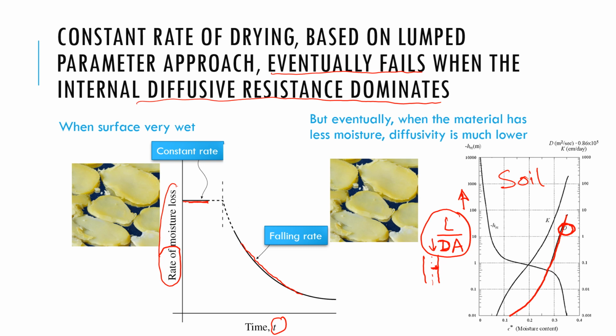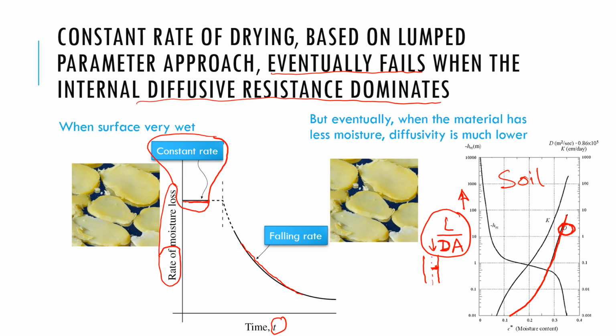And so then at that point the rate would be falling because moisture has to go out from the middle to the surface. So that's a limitation of this lumped parameter: this constant rate can be valid only in the very early stage of the drying process. Most of the rest of the drying process, you cannot treat this as lumped parameter in most cases. There's a lot of variation with materials and so on.